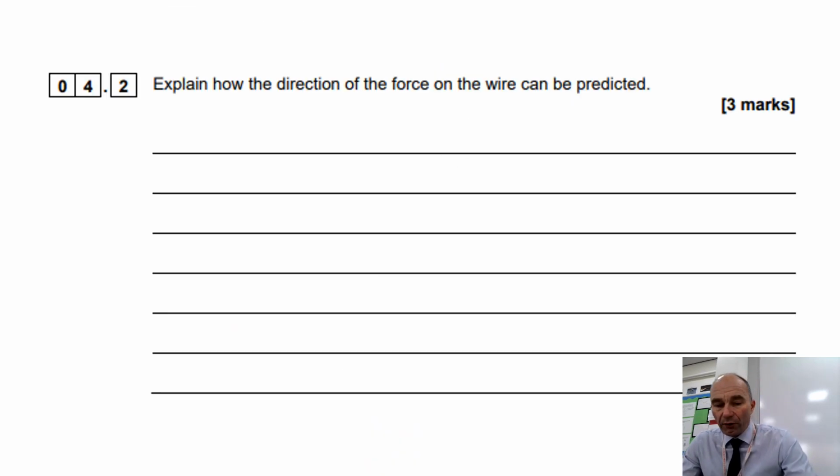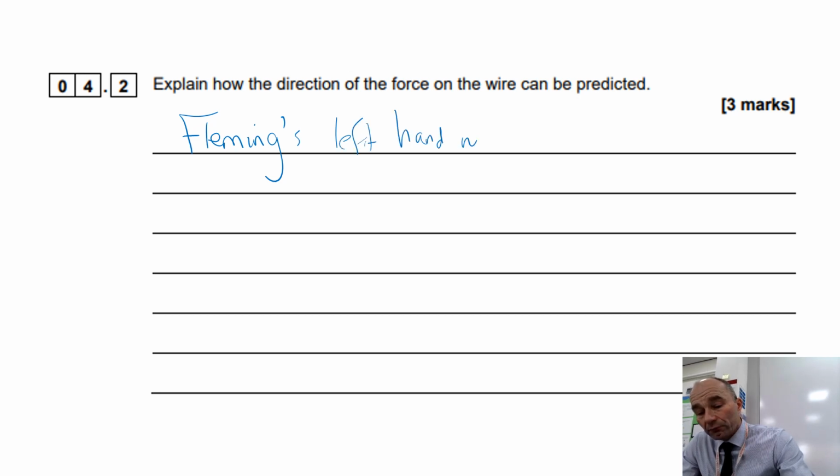Now question 4.2 is asking you to explain how the direction of the force on the wire can be predicted. So this is the bit where you need to be using Fleming's left hand rule. You need to remind yourselves about this because Fleming's left hand rule comes up a lot.